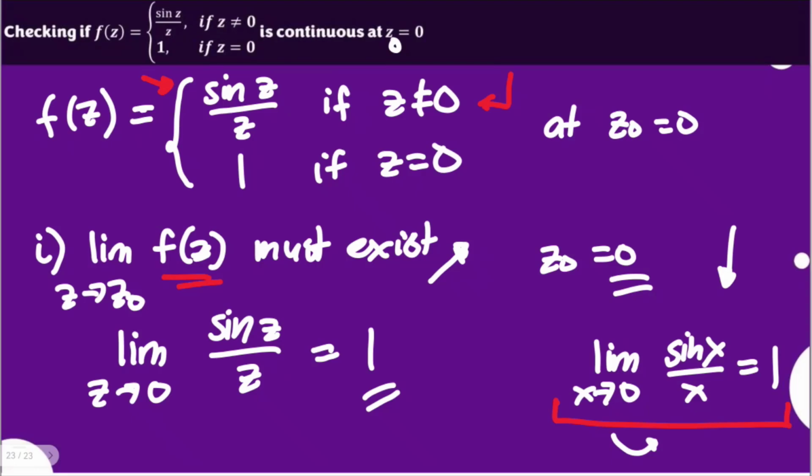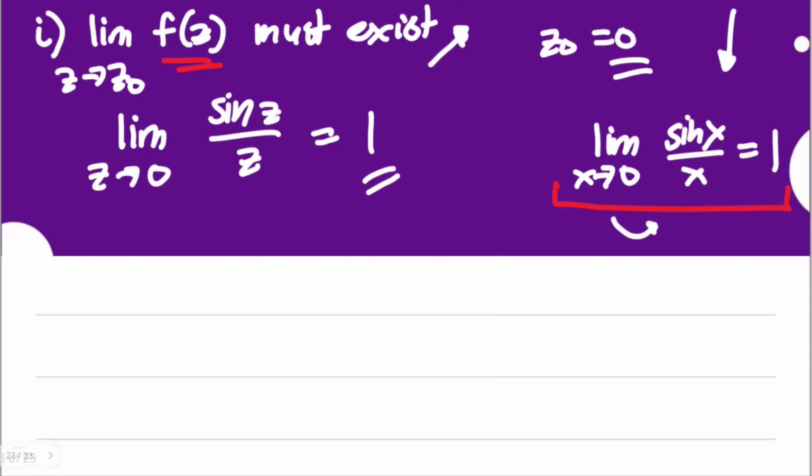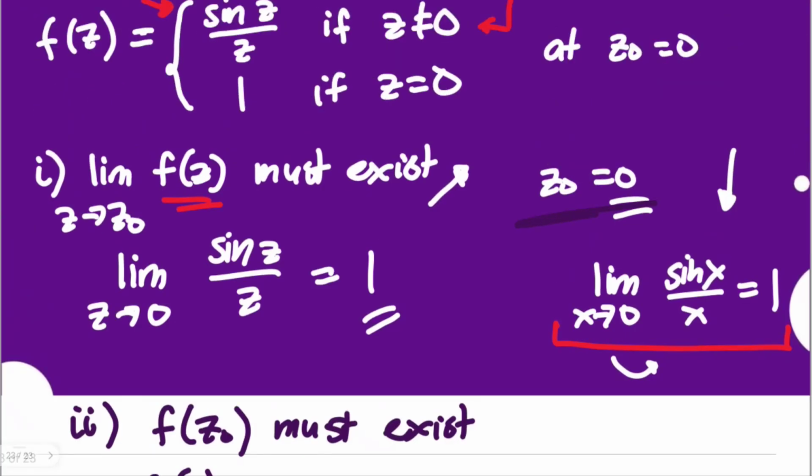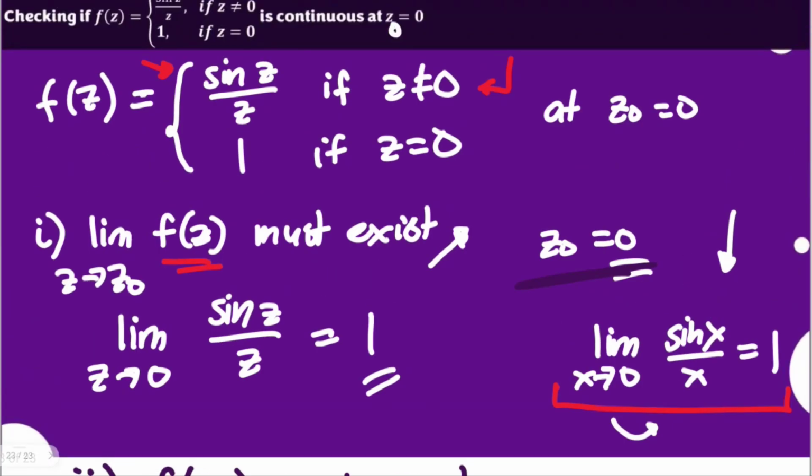With that, let's proceed to our second condition. The second condition requires that f of z sub 0 must exist. When would this be possible? We use f of 0, as this is the value of z, and what would be the value of the function? Take note, we only have one description that accepts 0, the second statement of our piecewise function.